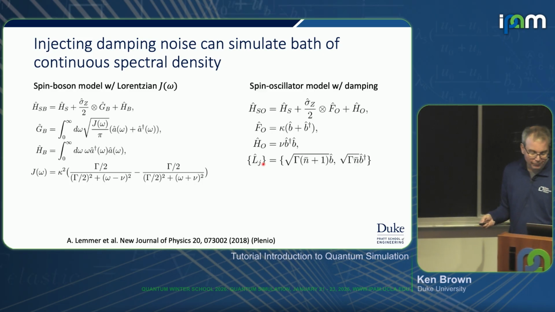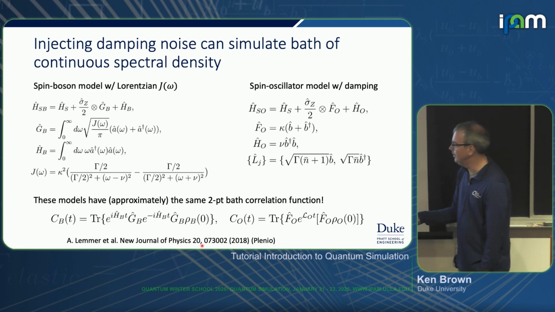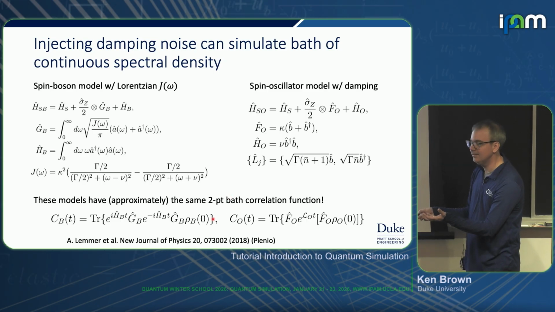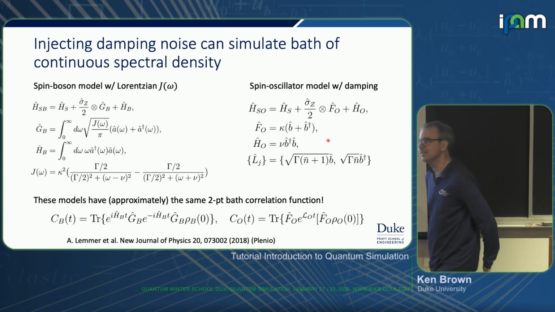And it's a little bit more formal than that. What it says is in the right picture, the 2-point bath correlation function is the same. And that interaction is the only interaction in a Gaussian model which will interact with the spin. And since I make these 2-point correlators the same, I can simulate this with this. It's kind of amazing.